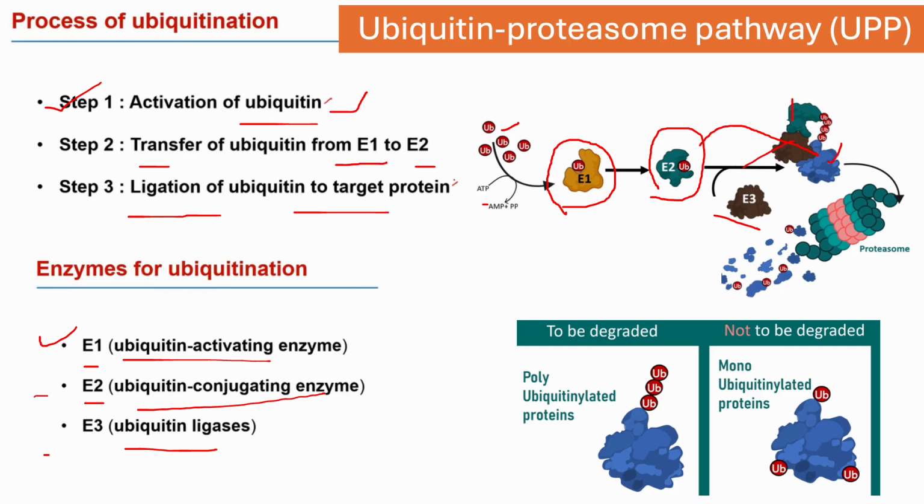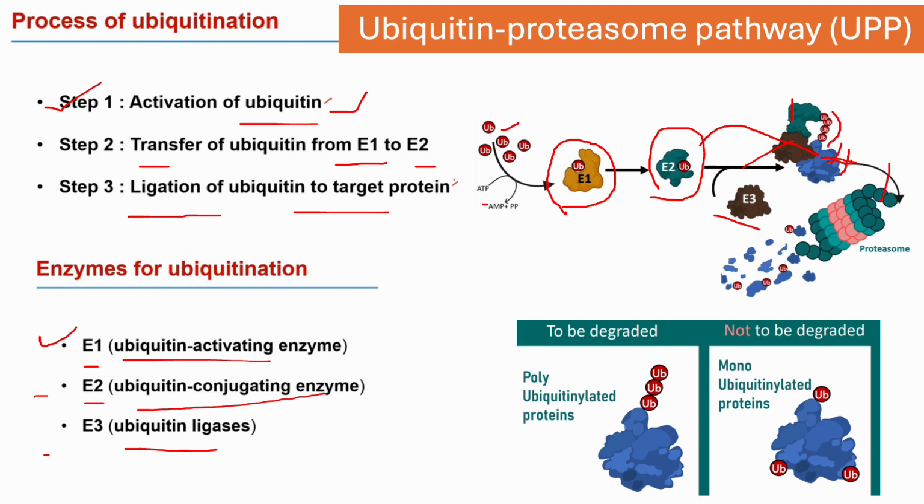That means E3 helps to ligate E2 and ubiquitin into the target protein, and then this polyubiquitin with the misfolded target protein is brought into the proteasome to be degraded.